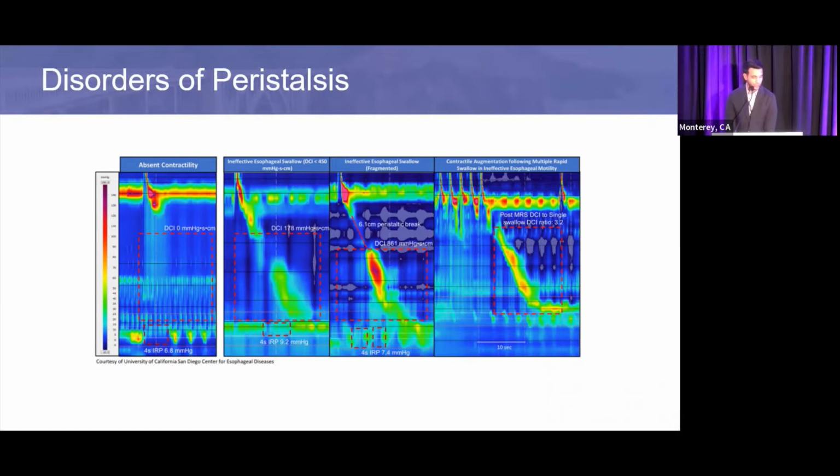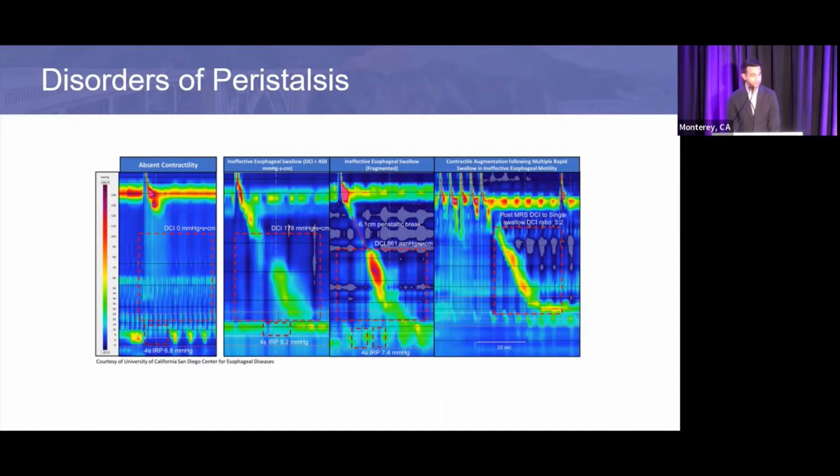Both of those, if present in 70% of the swallows, would qualify as ineffective esophageal motility, which is a minor disorder of peristalsis. We do see it in normal individuals. We do see it in GERD. We do see it in connective tissue disorders. So that can be a common finding of unclear clinical significance, as they say.